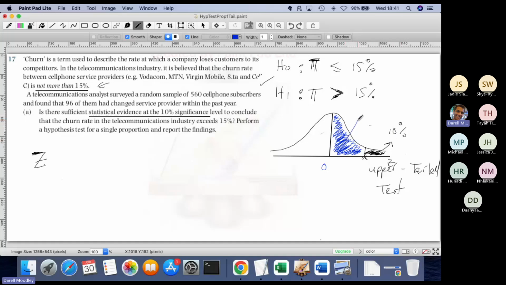It'll only give you values for areas from 0 to that z value. So if the black area is 10%, what is the blue area? Remember I told you half the area is 50%. So the entire area from 0 to the right is 50%. So if this is 10%, then this area must be 40%.